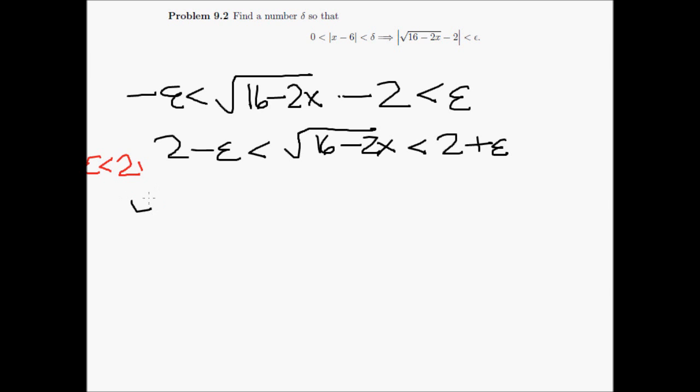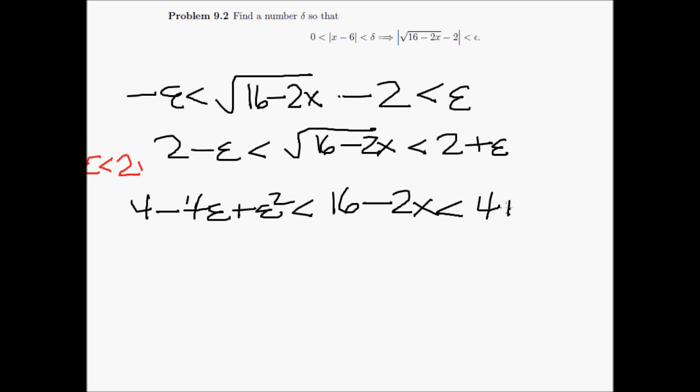So squaring everything, I get 4 minus 4 epsilon plus epsilon squared is less than 16 minus 2x, which is less than 4 plus 4 epsilon plus epsilon squared.